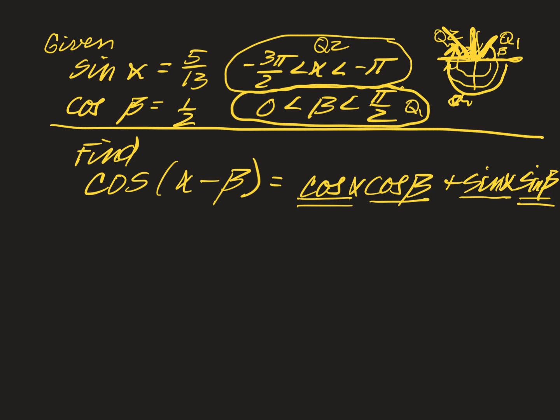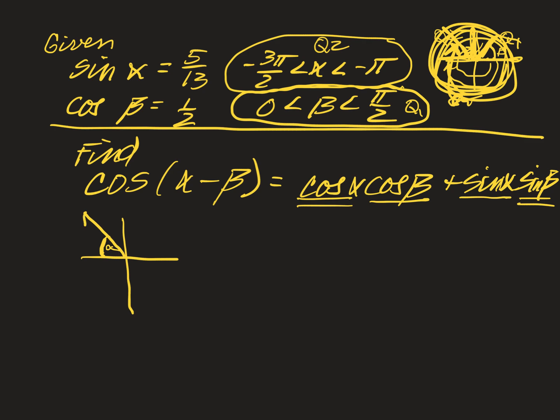So what I have to do is think about this diagram where the angles were. So what I know, all right, is that alpha is in quadrant 2, okay? Between negative pi and negative 3 pi over 2. It's in that quadrant, okay? Since it's in that quadrant, the reference angle is going to be the reference angle for alpha, okay?